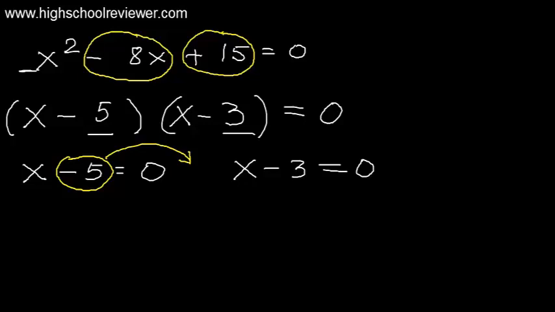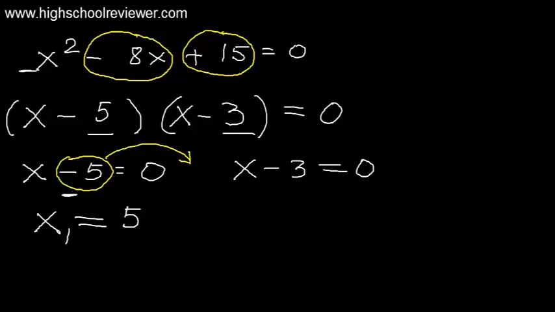What will be left on the left side will be x. And if we transpose negative 5 to the other side, it will change sign and become positive 5. So our x sub 1 is positive 5.